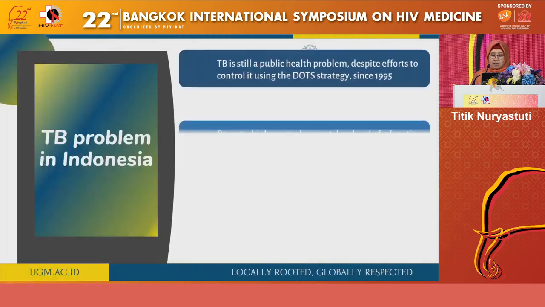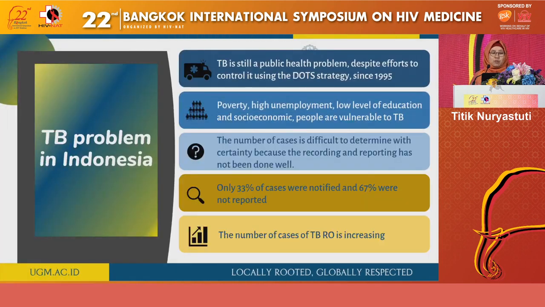And this is the summary list of the TB problem in Indonesia. TB is still a public health problem despite efforts to control it using the DOT strategy since 1995. There is still poverty and a low level of education that leave people vulnerable to TB, and the number of cases is difficult to determine because there is no certain data, and also the number of cases of drug-resistant TB is increasing.